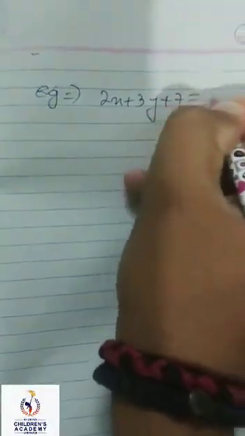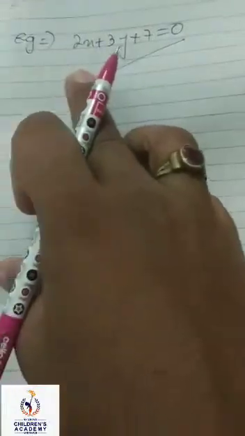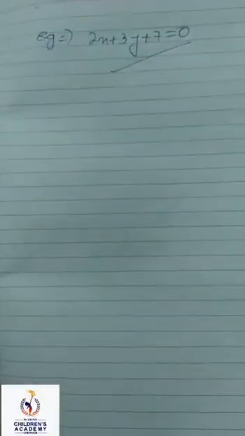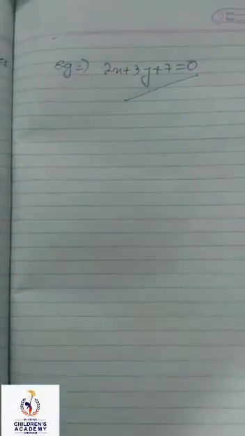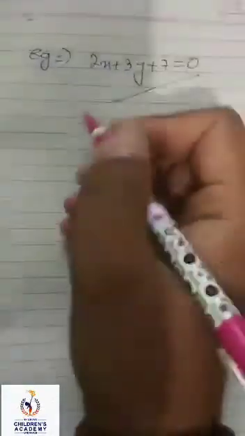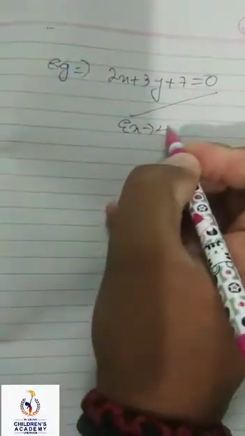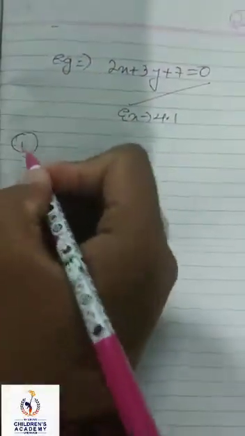Okay, let's see an example. Let's say 2x plus 3y plus 7 is equal to 0. So this is a linear equation in two variables. So let us see exercise 4.1. Question number 1.